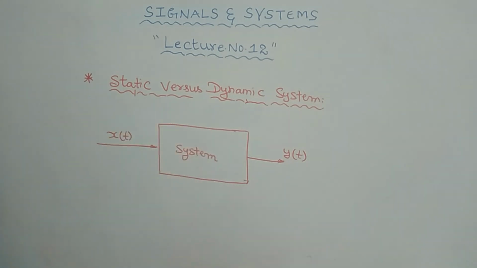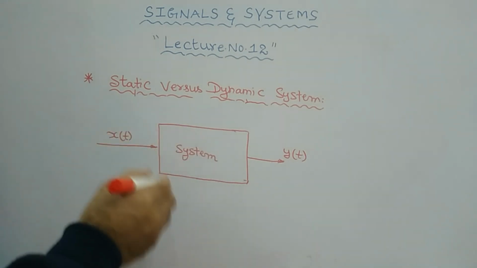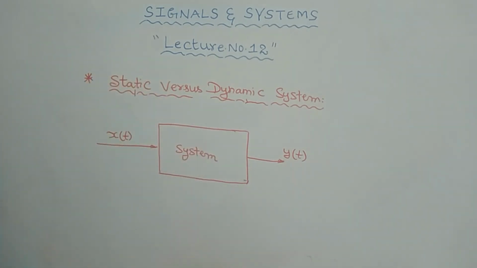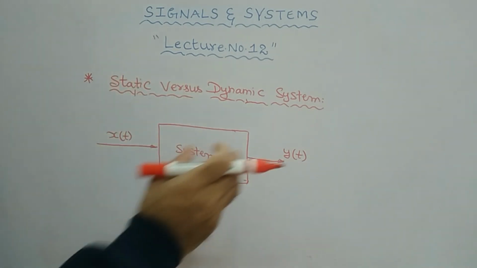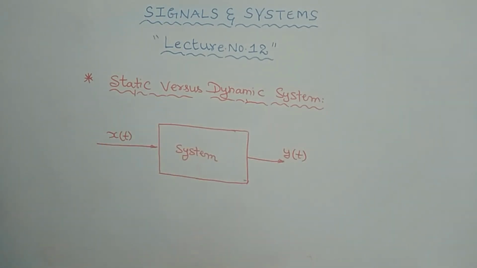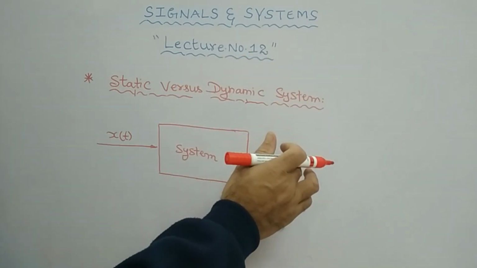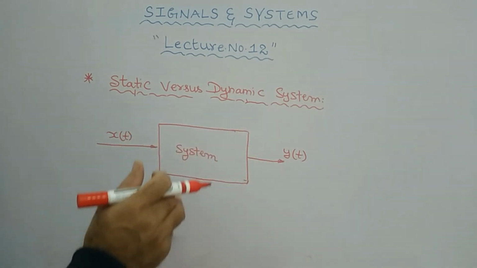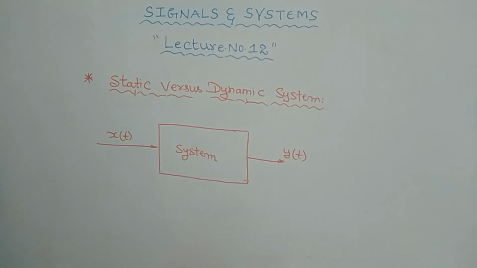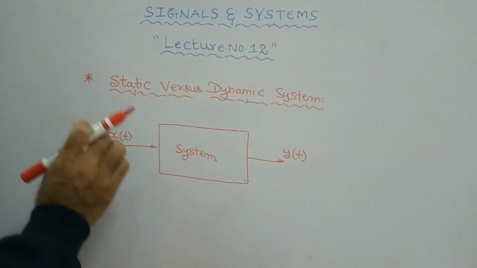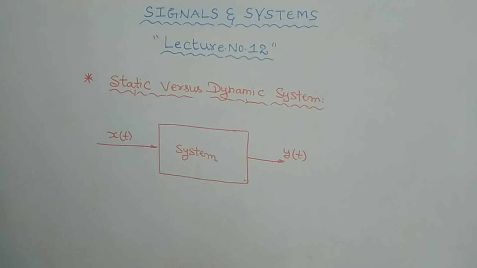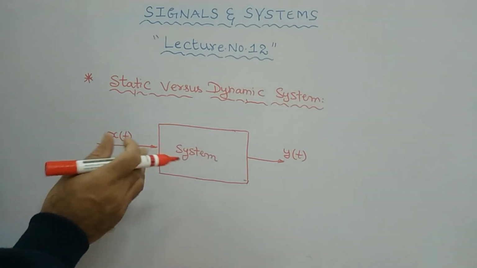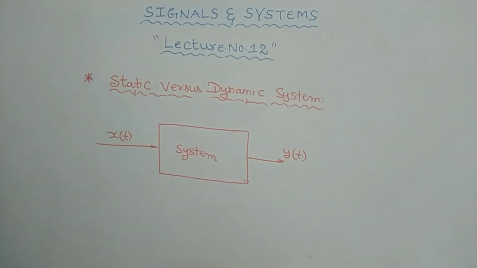So, we define a continuous time system as a static system, or a system with no memory, if its output y of t at any instant of time t depends at most on the input signal at the same instant of time, but not on the future or past values of the input.